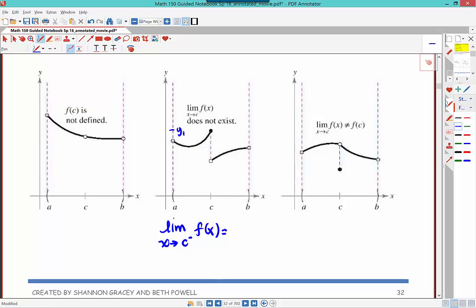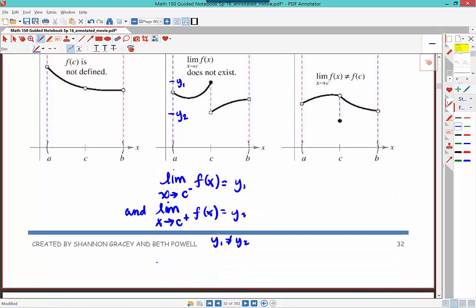And the limit as x approaches c from the right of f of x is equal to, good, this other y value, call it y2, and y1 is not equal to y2, so the limit does not exist.